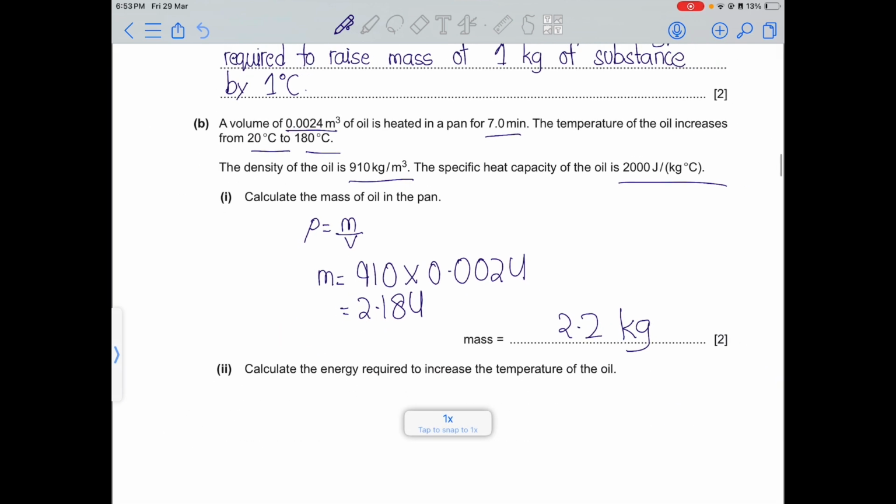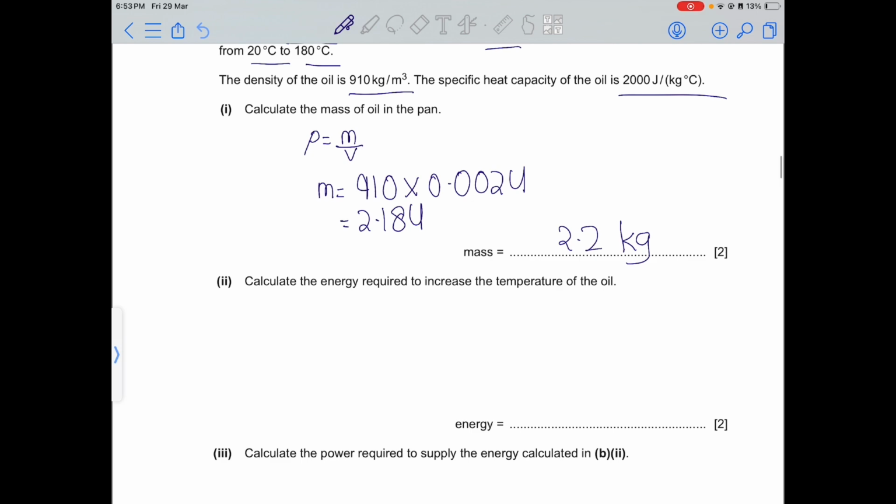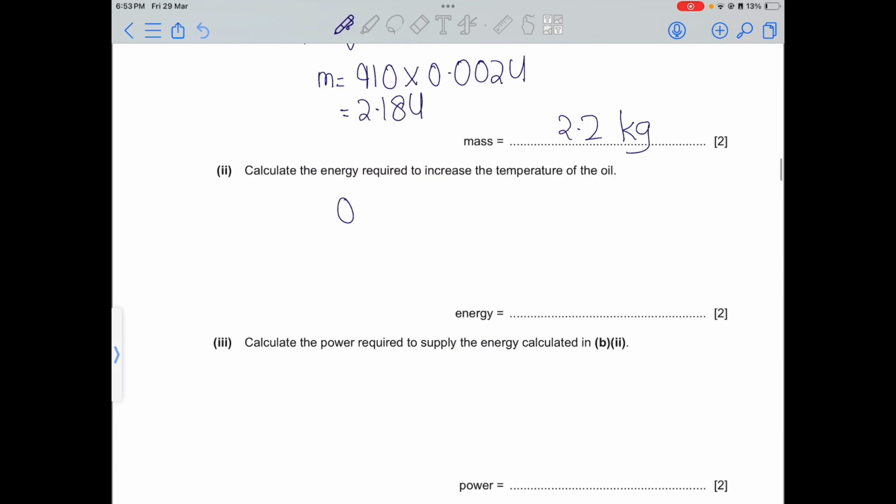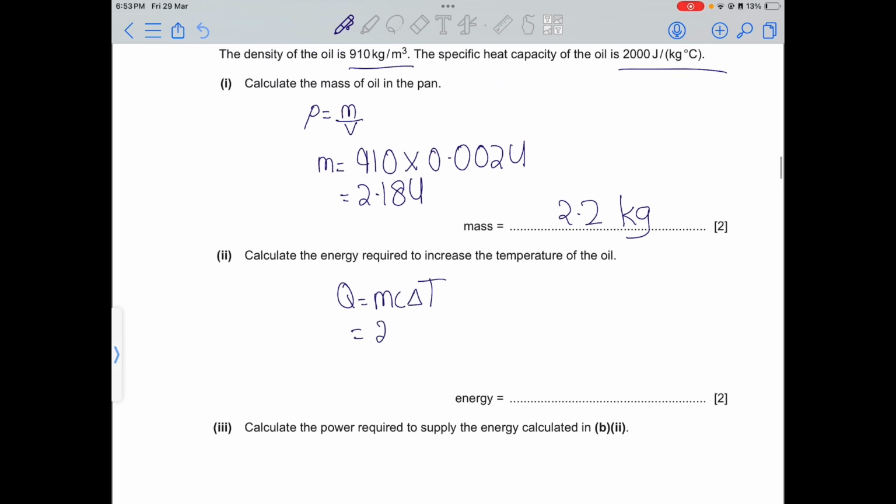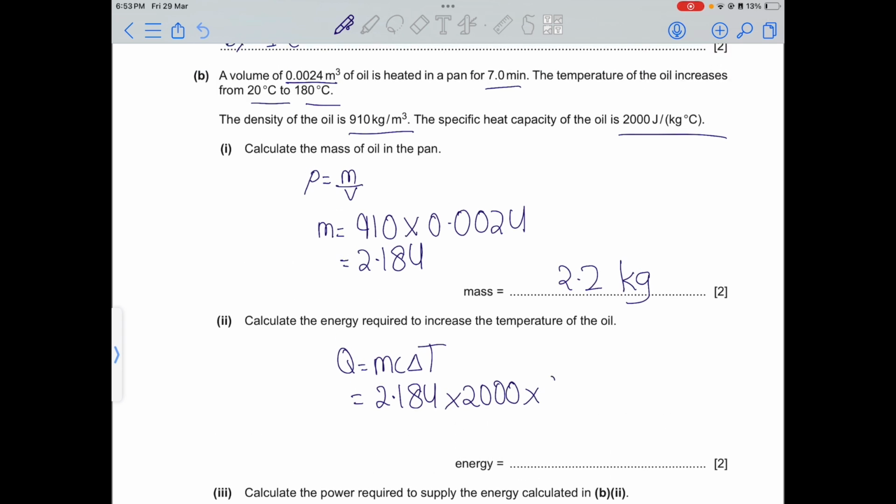Then it says calculate the energy required to increase the temperature of the oil. Again, we just use the formula that we've written up here. Q equals mc delta T. So the mass I have is basically 2.184, the specific heat capacity of 2000. Change in temperature, however, is from 180 minus 20.